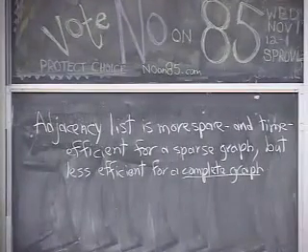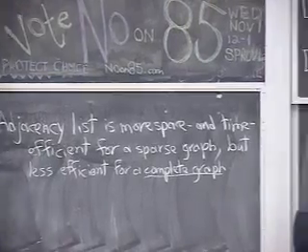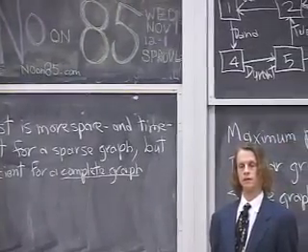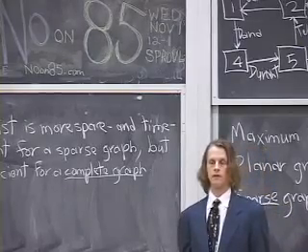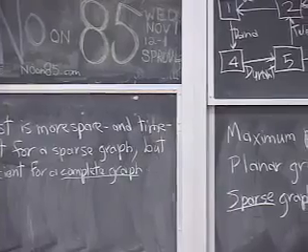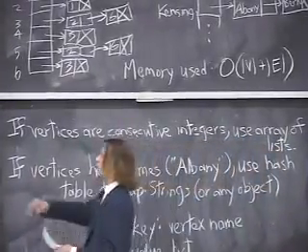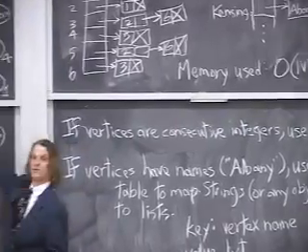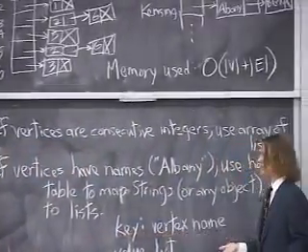Any questions on that? Yeah. Oh, well, I would still use a hash table. So the question is, suppose that I wanted to use the adjacency matrix representation, but I had strings as my values, so they're not numbers. I can't just look them up.